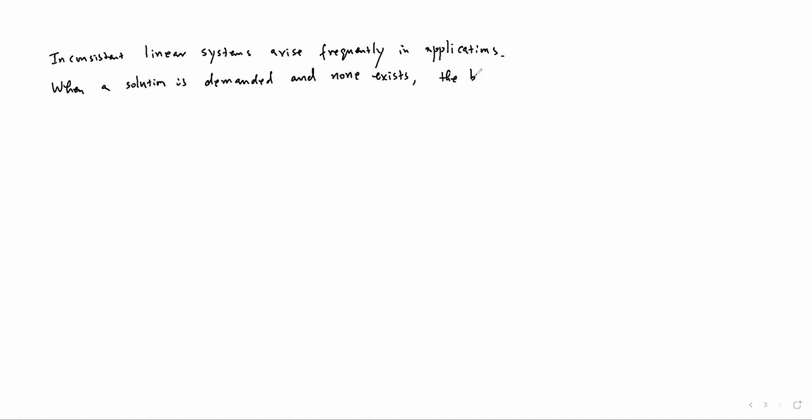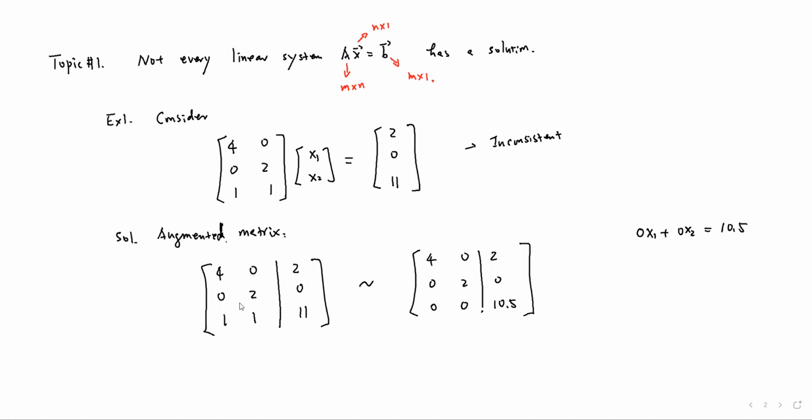The best we can do is to find an x. This linear system may have no solution. Then when the linear system has no solution, what can we do? We still want to get something about this linear system.